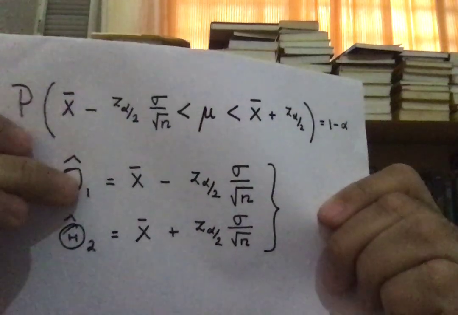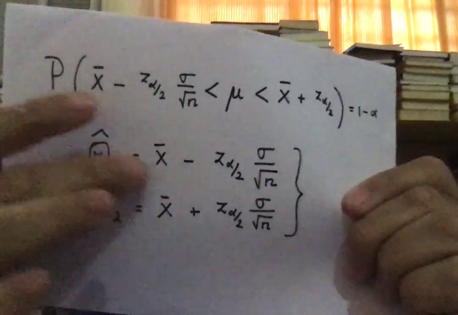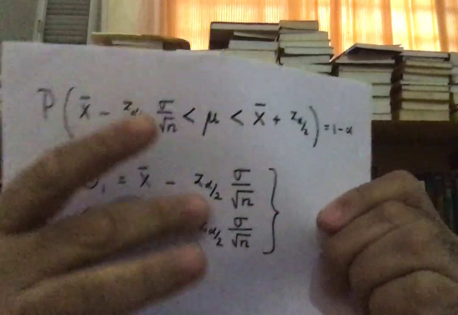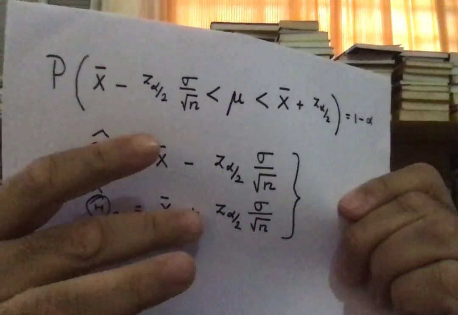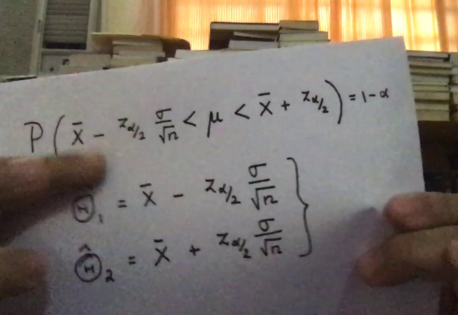But here I'm writing theta 1 hat and theta 2 hat, which is correctly written. Theta 1 hat is x bar minus z alpha by 2 sigma by root n, and theta 2 hat is x bar plus z alpha by 2 sigma by root n. So here we have created the 1 minus alpha confidence interval for the mean mu of a normal distribution whose variance is known. Because theta 1 hat and theta 2 hat have to be completely known.